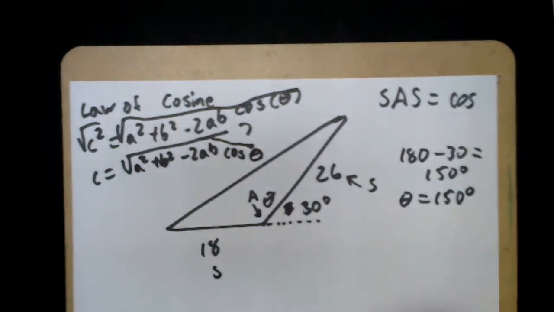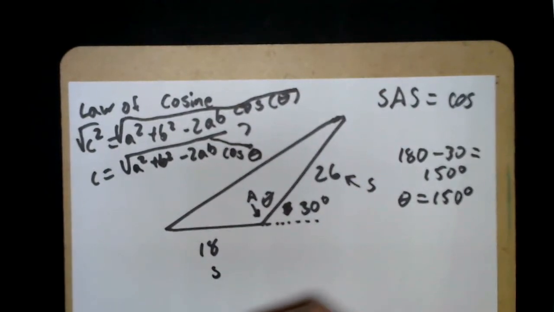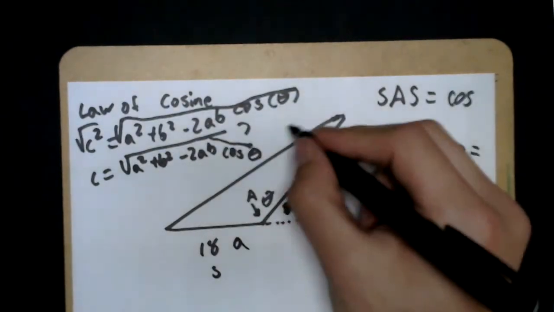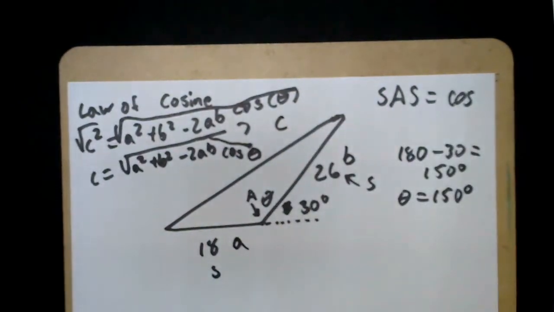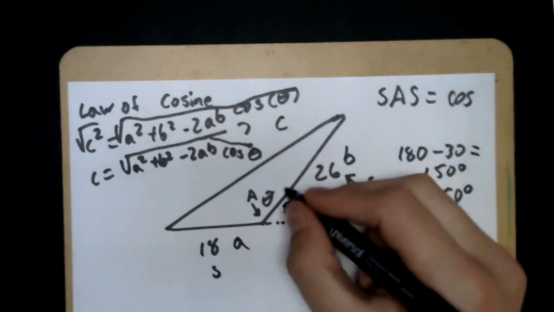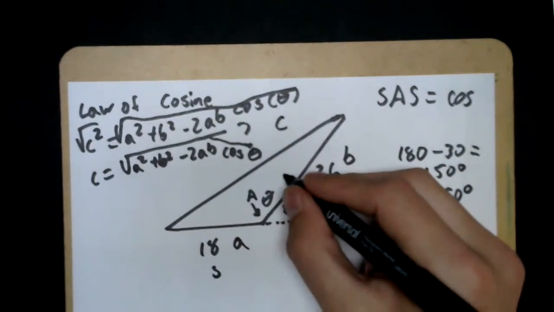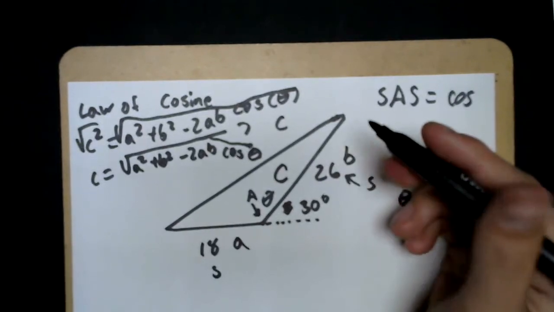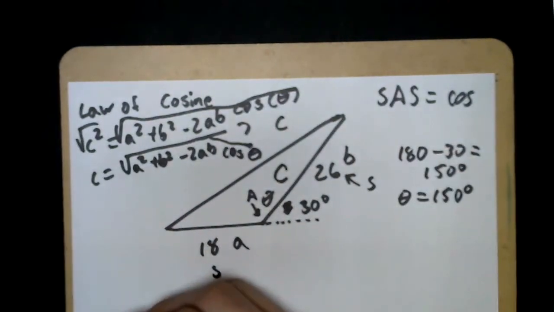And you have to find the equation with the numbers plugged in. So now we can say this is A, this is B, this is our C, and that's our theta. Some equations will do a big C, but same idea.